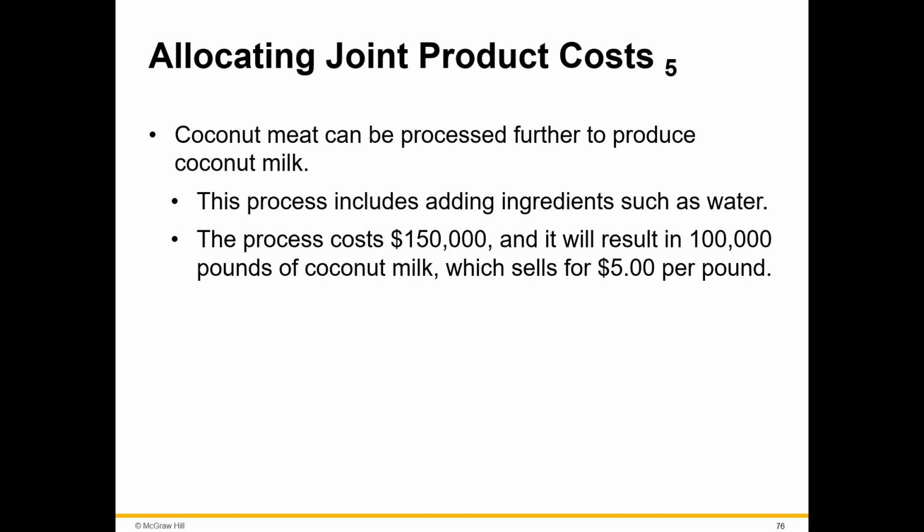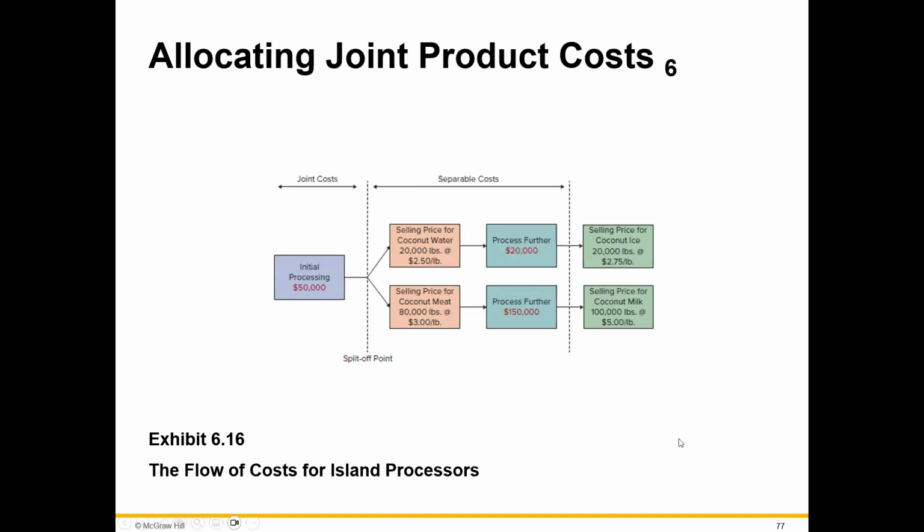So $500,000 of additional revenue for $150,000 worth of additional cost. So looking at that here we got a diagram, right? So $50,000 in processing to get it to that split off point. From there, if we were going to sell the coconut water, it would be 20,000 pounds at $2.50 per pound.